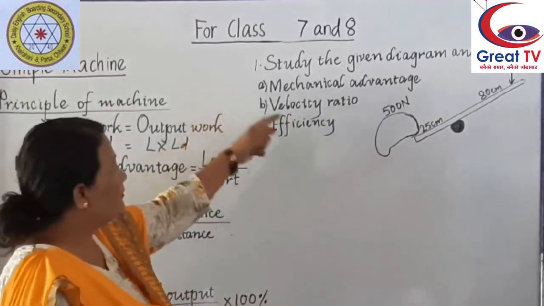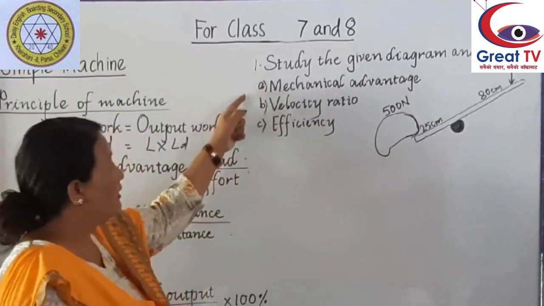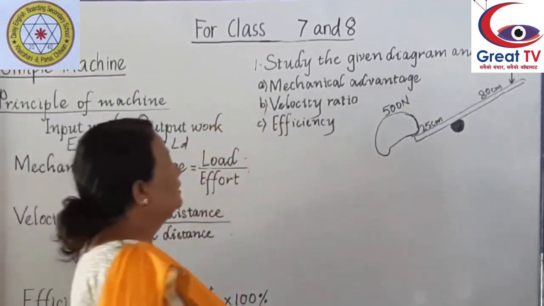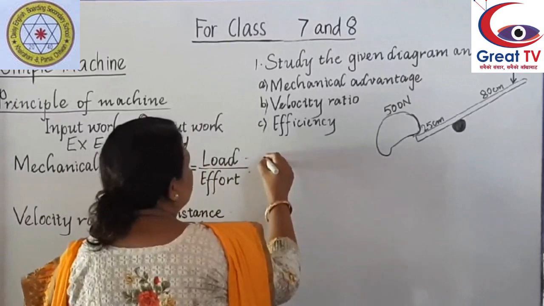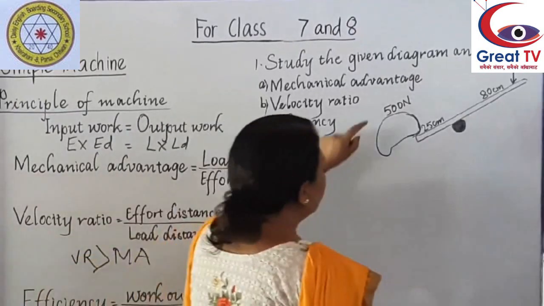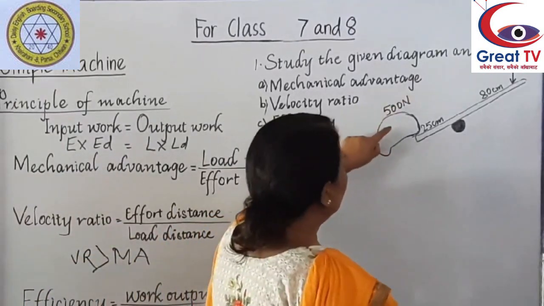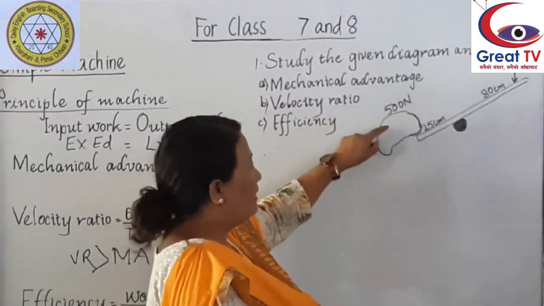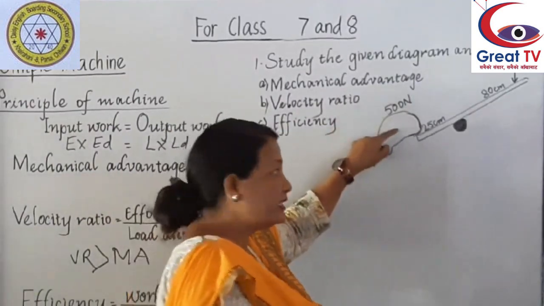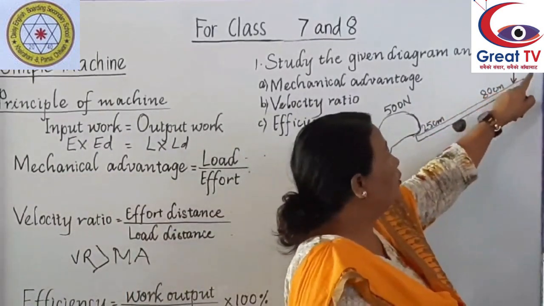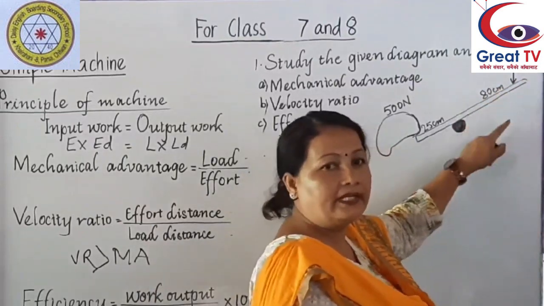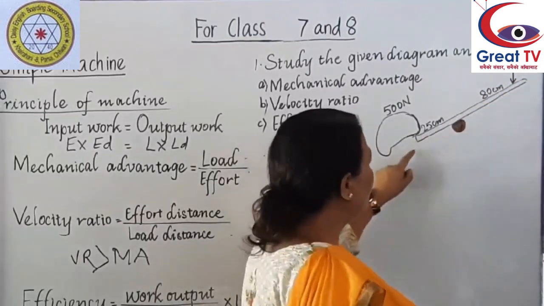Look at the diagram and solve the numerical problem. Here a 500 Newton load is given and 200 Newton force is applied on the crowbar.